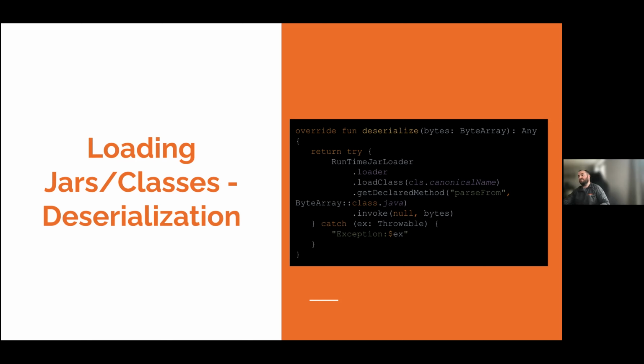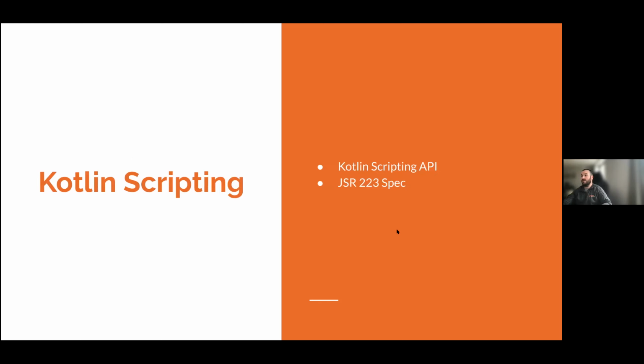It's null, and you just pass the bytes to the parse from function. You'll notice here as well, I'm catching throwable and not exception. That's because you could have a missing jar at runtime, and that throws an error, not an exception. And people are going to be adding and removing jars to make it work. So it's just better to catch throwables everywhere, which is bad practice usually.